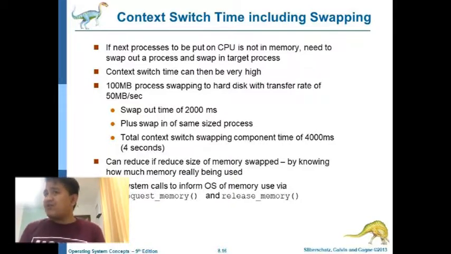That comes up to 0.2 seconds, or 200 milliseconds, of swap time. Since it requires both a swap out and a swap in, that is two times, so eventually it requires 400 milliseconds for the entire process to be done.